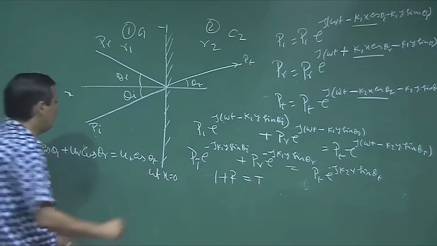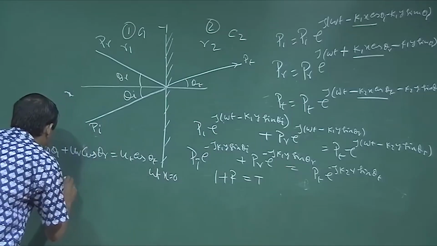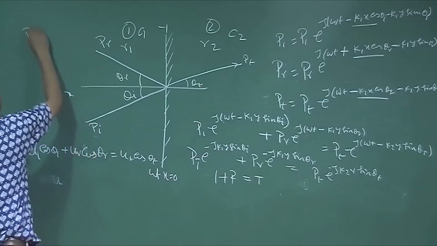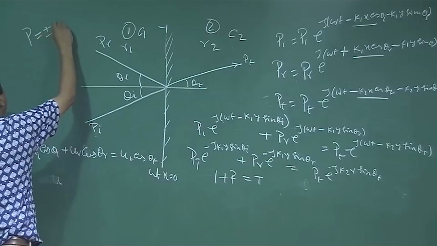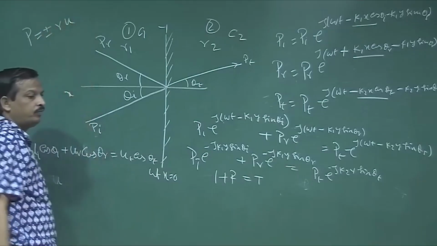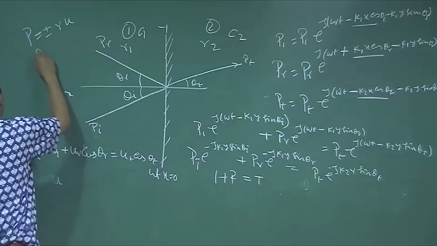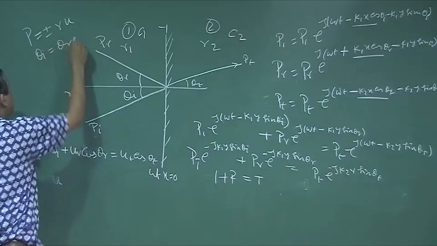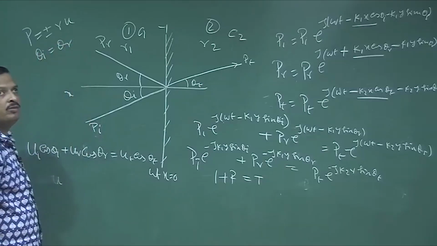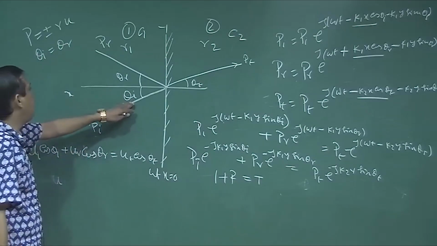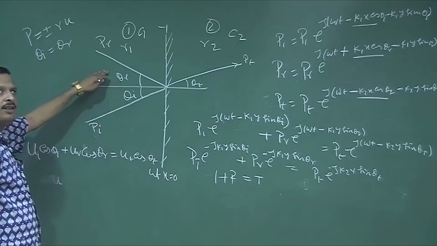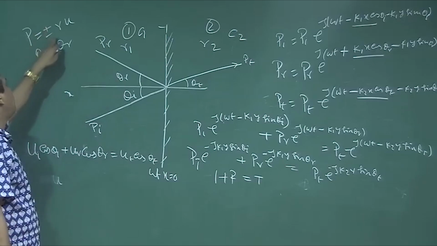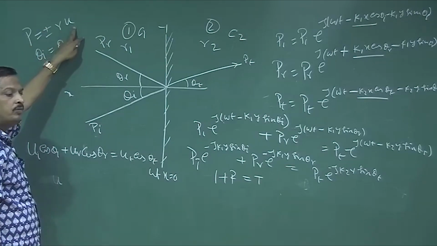Okay. Now, you know the relationship between p and u is p equal to plus or minus r times u, and theta i is equal to theta r. These two things I know: the angle of incidence is equal to the angle of reflection, and p is equal to plus or minus r by u.